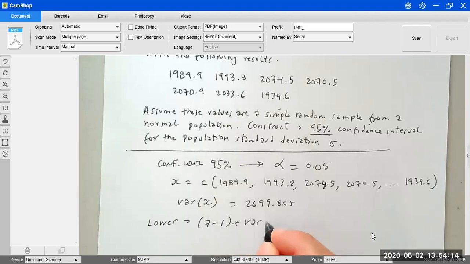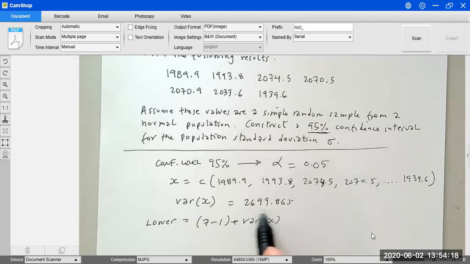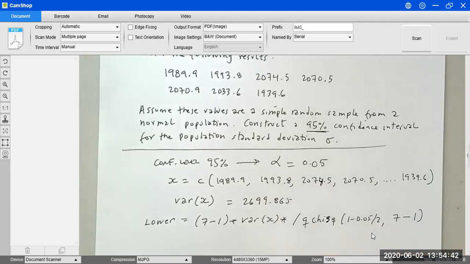We can write this if you have the data set, or you enter the value directly here. Then over qchisq of 1 minus 0.05 over 2, comma, n minus 1, which is 7 minus 1. So this is going to be the lower limit.